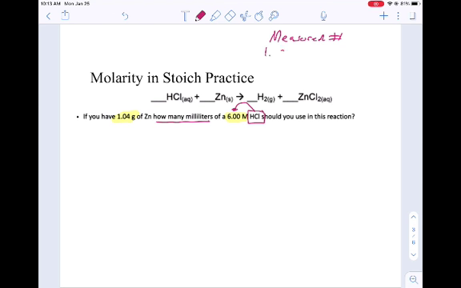Our measured numbers are usually gram, mole, or milliliter or liter, so volume. Not molarity, not molar mass, not density, okay, measured numbers. So in this case, the measured number then is this 1.04 grams of zinc, because that's an actual number.